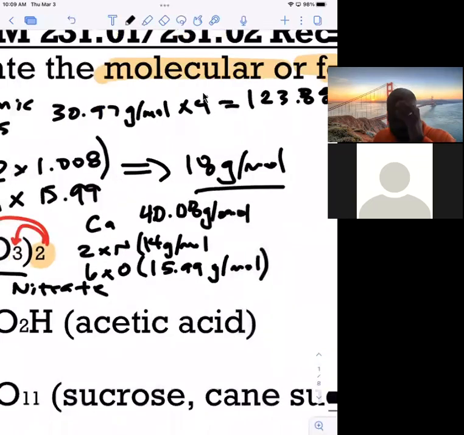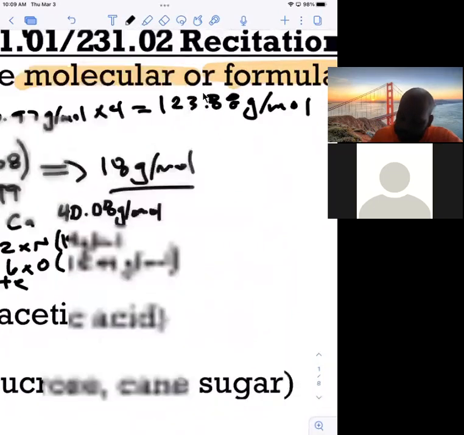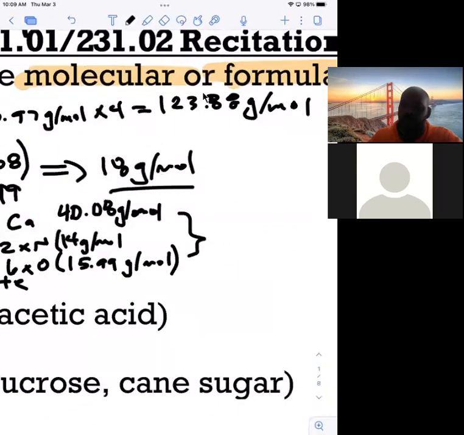So 6 times 16 is 96, and then 28 and 40. All right, so what do we have for that? What do we have for the formula mass?